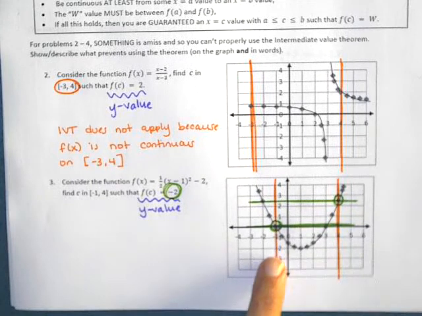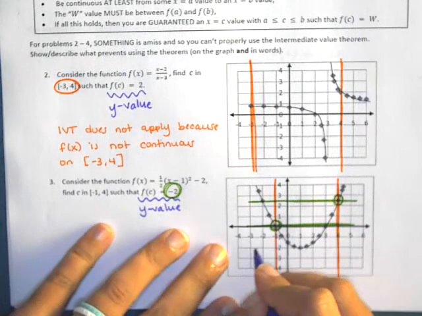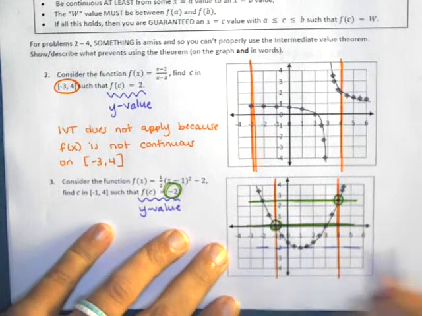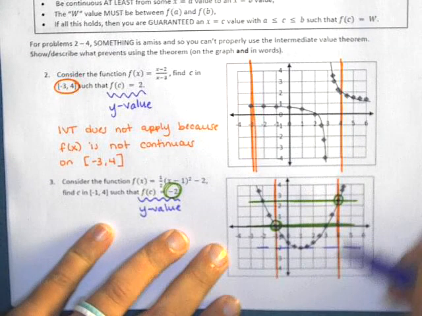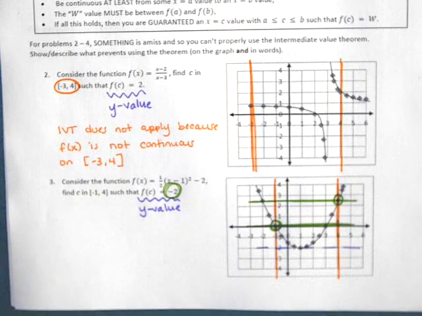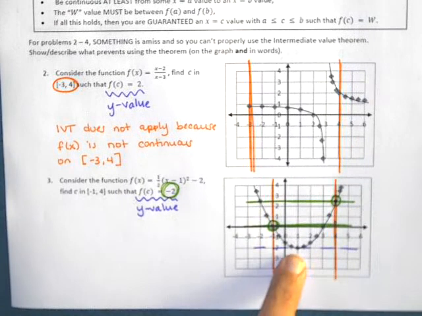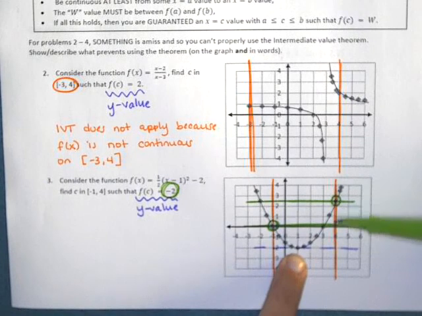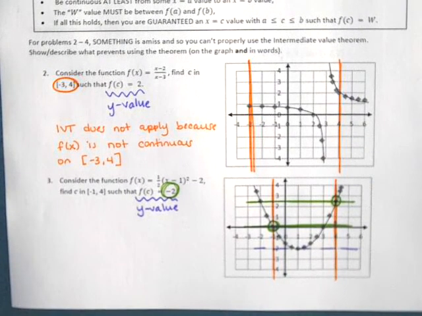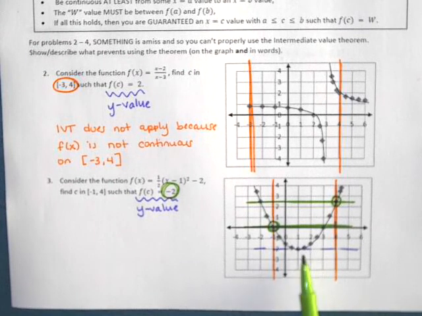Is the number -2, the one that I want, in between these two y values? No. So because that y value that I want is not in between these two, I cannot apply the intermediate value theorem. Now you might be thinking, but wait a second, Mrs. Vasta, it does have a place where the y value is -2, and you're right. But just based on this theorem, I would not be able to guarantee that.